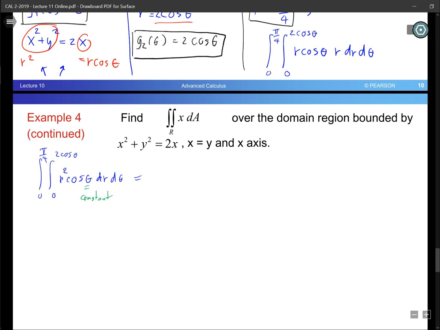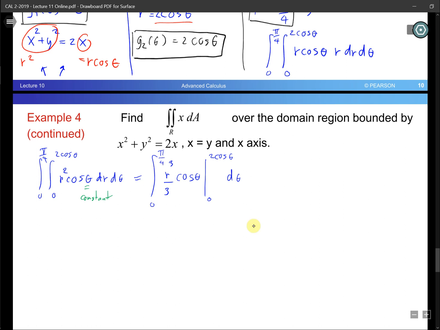Alright, so integrate this with respect to r only. We are going to get r cubed over 3. Cosine theta doesn't change because it's constant at this point. And we have to evaluate this at two values, r equal to 0 and r equal to 2 cosine theta. And we integrate this one more time with respect to theta from 0 to pi over 4.